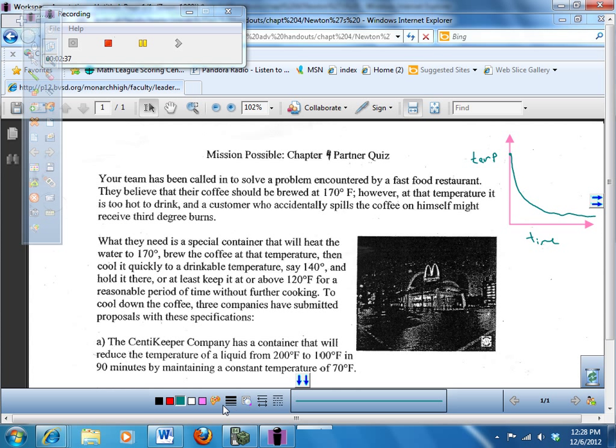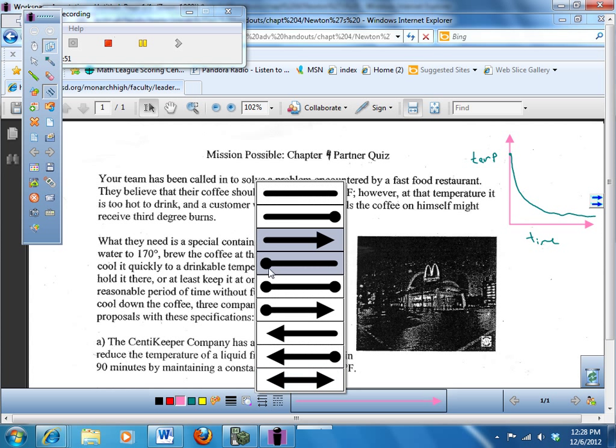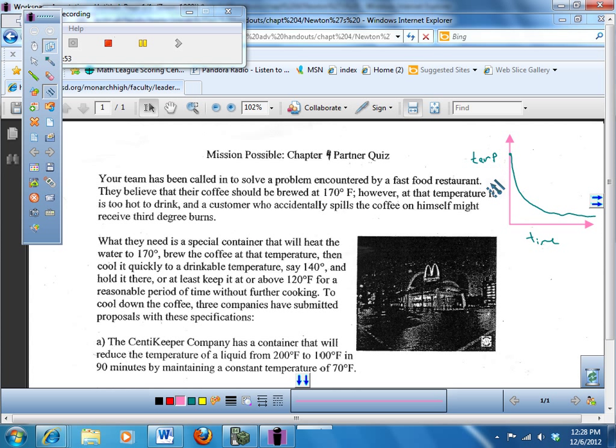But also, what's going to happen with the coffee is that you want to figure out the best one. So say this line here is 170 degrees, okay?